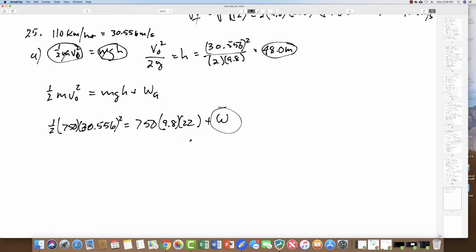And if you do this calculation, the work of heat, if you solve this for W, you get 1.9 times 10 to the 5th joules is lost due to heat and friction.